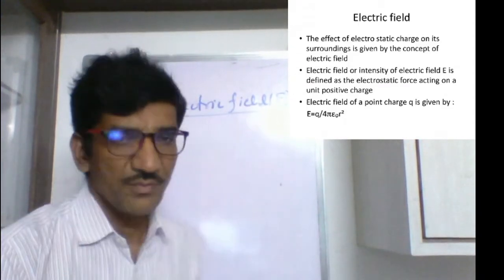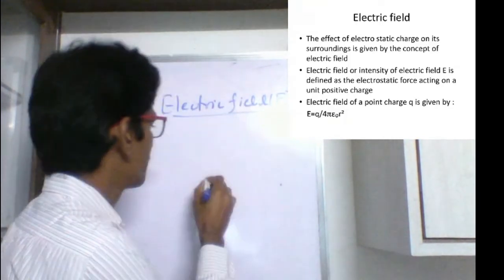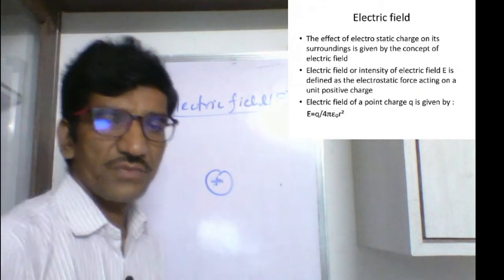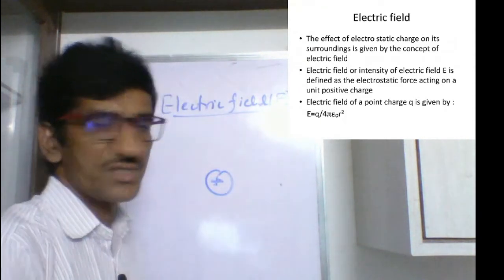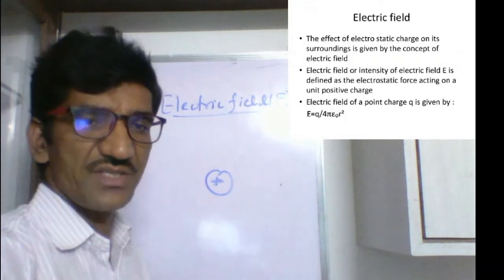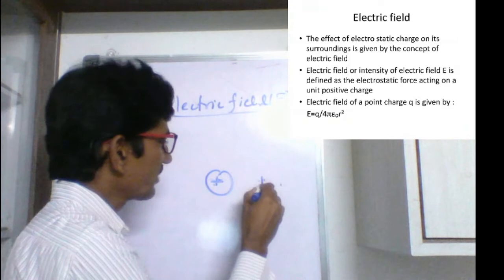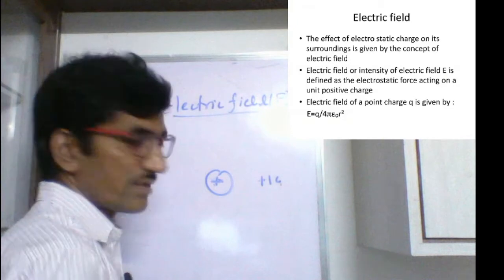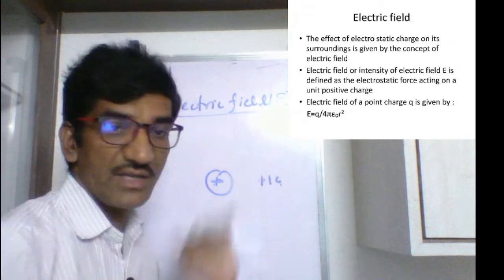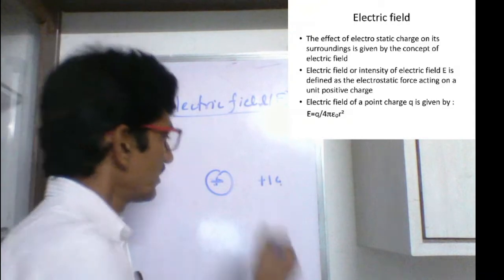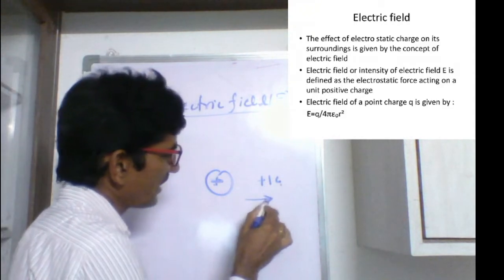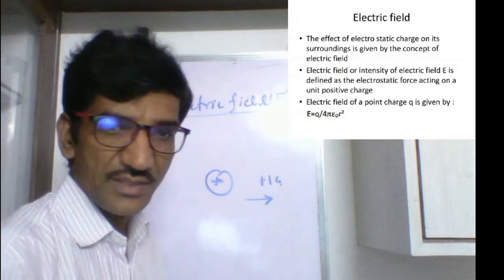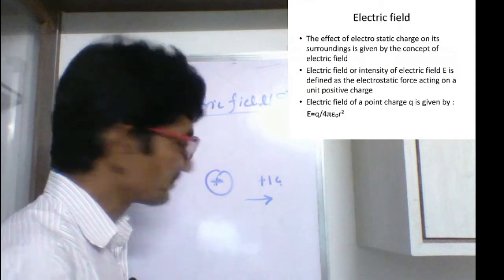Suppose that there is one positive charge, whatever it may be, positive or negative. Whenever you place one test charge in the immediate vicinity of this charge, if you are putting plus 1 coulomb test charge, then what happens? The effect of this charge is felt by this unit charge. That's why this unit charge moves away from this external charge.